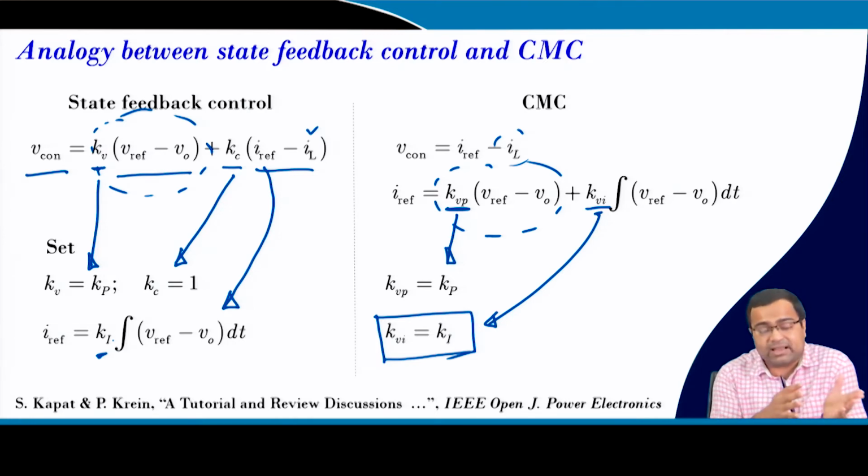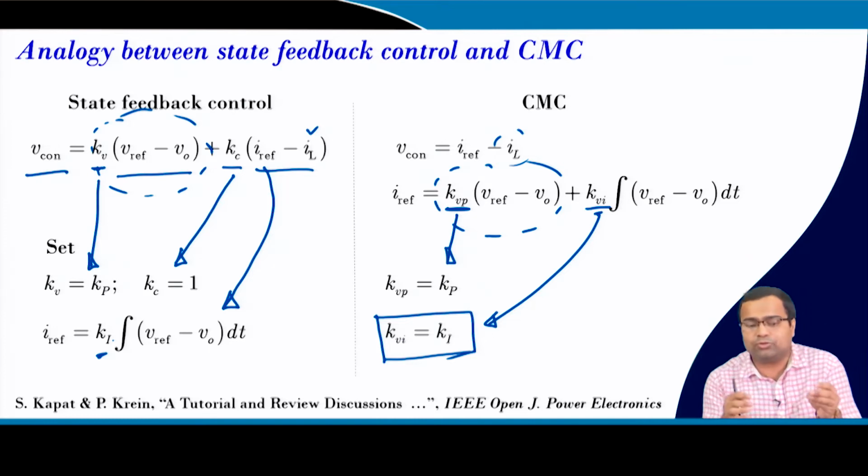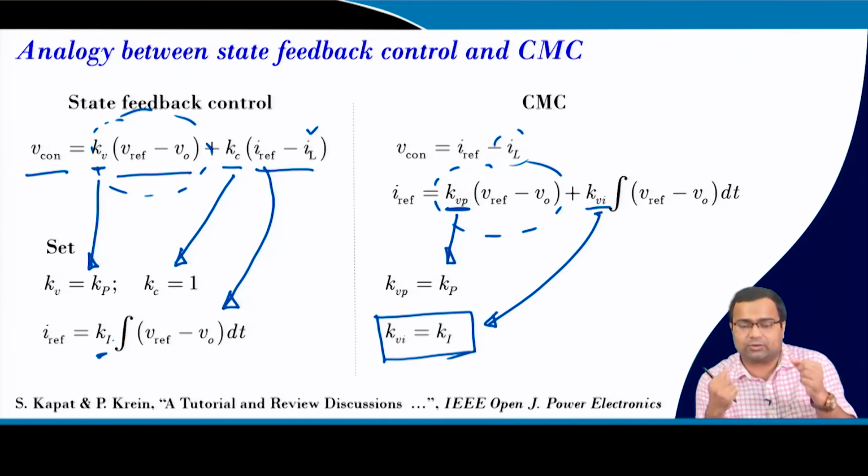But in state feedback representation we have both the dynamics, so we can better separate the loops, and particularly when there is a loop interaction in current mode control, state feedback control is very helpful to solve this loop interaction problem.